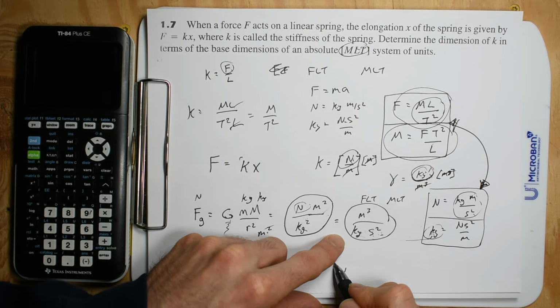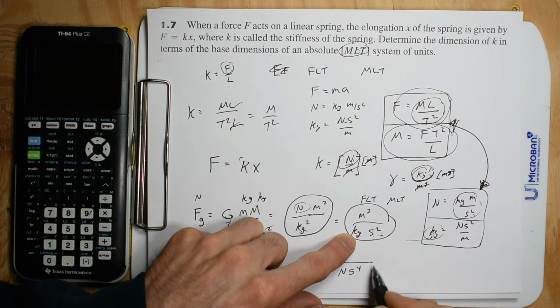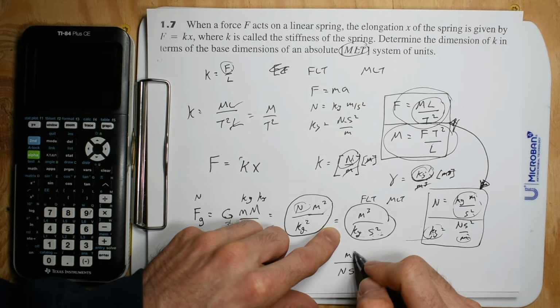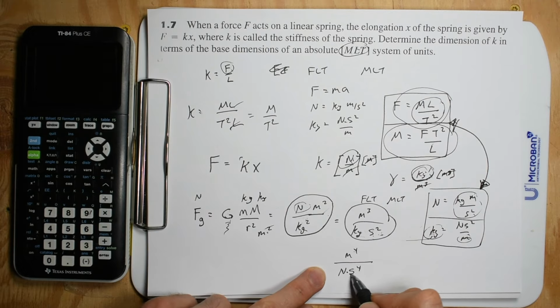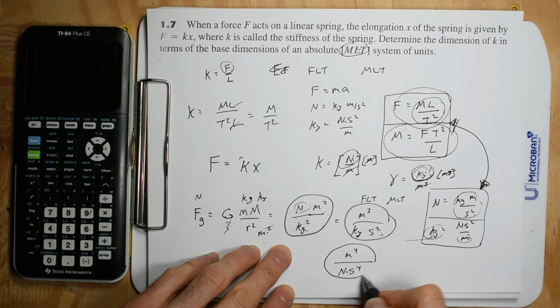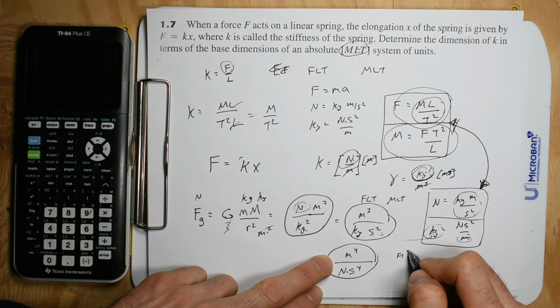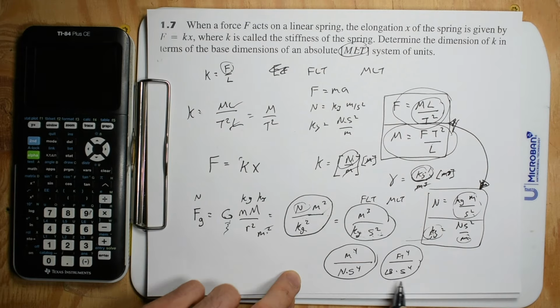Oh, and then newtons downstairs. Newtons downstairs, seconds to the 4th downstairs. Meters goes to the top, so you're going to get meters to the 4th. So now we have meters to the 4th divided by newton seconds to the 4th. In U.S. customary units, you'll see this as feet to the 4th over pounds seconds to the 4th. That's kind of how you'll see that.